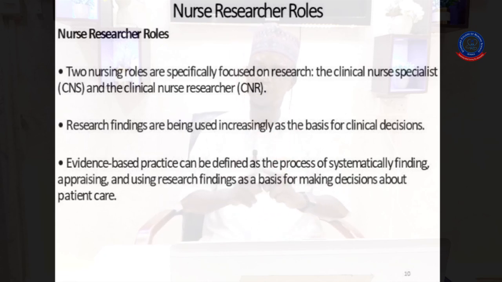Without research, there are some illnesses that before now we didn't know about. But with the advancement of technology, with research by nurses and doctors, we were able to get to know some of these things. Before now, 50, 60 years back, nobody knew about diabetes. Nobody knew about hepatitis.